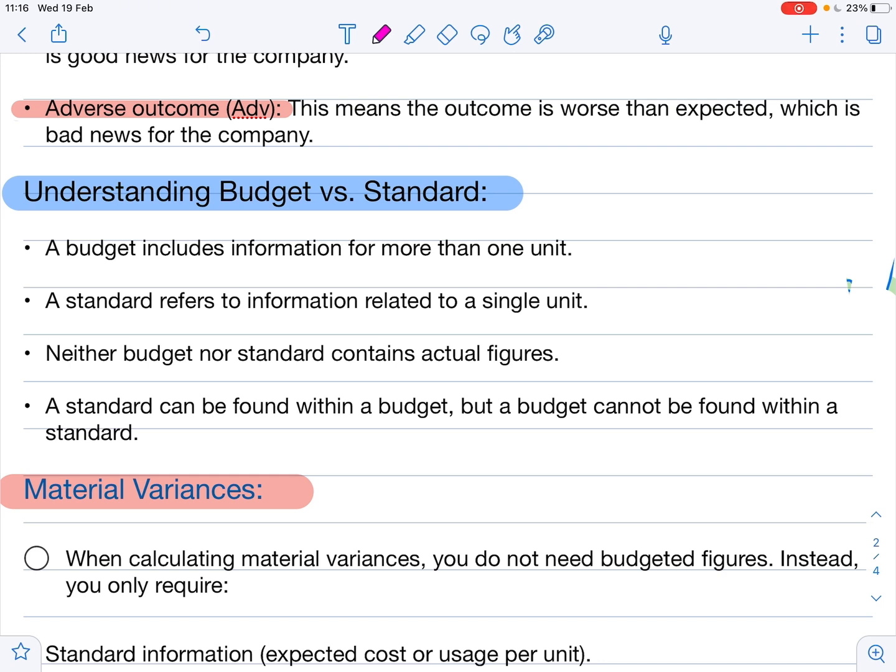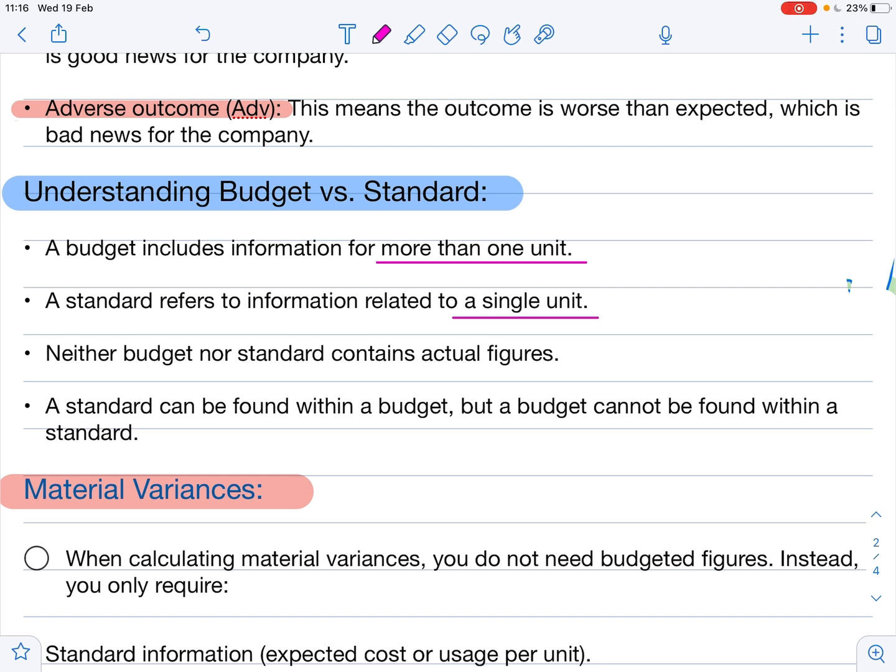Whereas a standard refers to information related to a single unit. Please, I need you to pick the difference. So this one is saying more than one unit, whereas for standard is saying information related to one single unit.